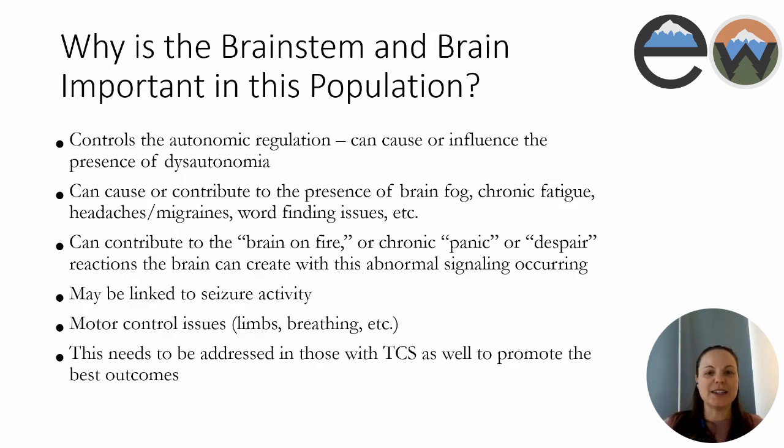So why are the brainstem and the brain important in this population? Well, a lot of us can figure out, oh, well, we need our brains, right? The brainstem, though, and this is why I always check it with my population, is because it actually controls the autonomic regulation of the body. It can cause or influence the presence of dysautonomia.